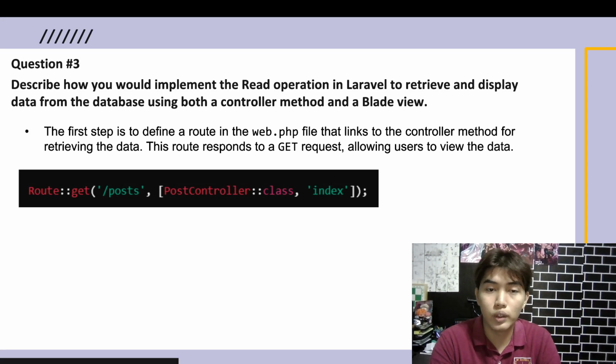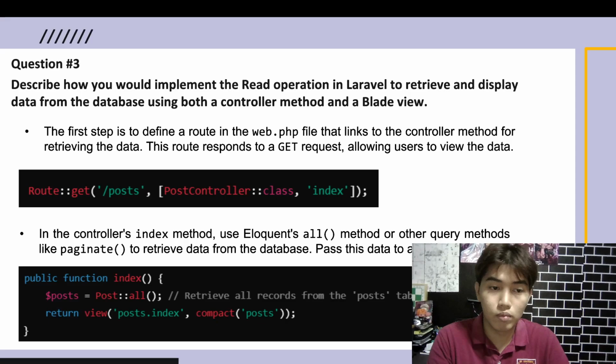The first step is to define a route in the web.php file that links to the controller method for retrieving the data. This route responds to a GET request, allowing users to view the data. In the controller's index method, use Eloquent's all method or other query methods like paginate to retrieve data from the database.